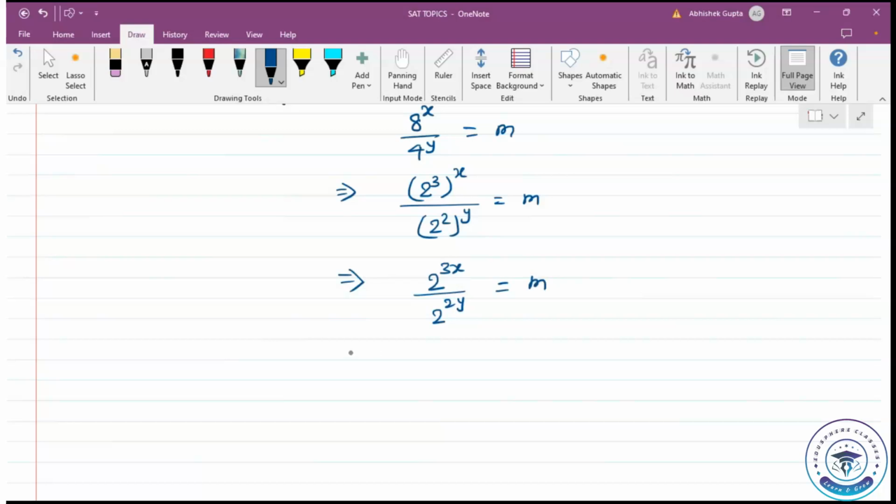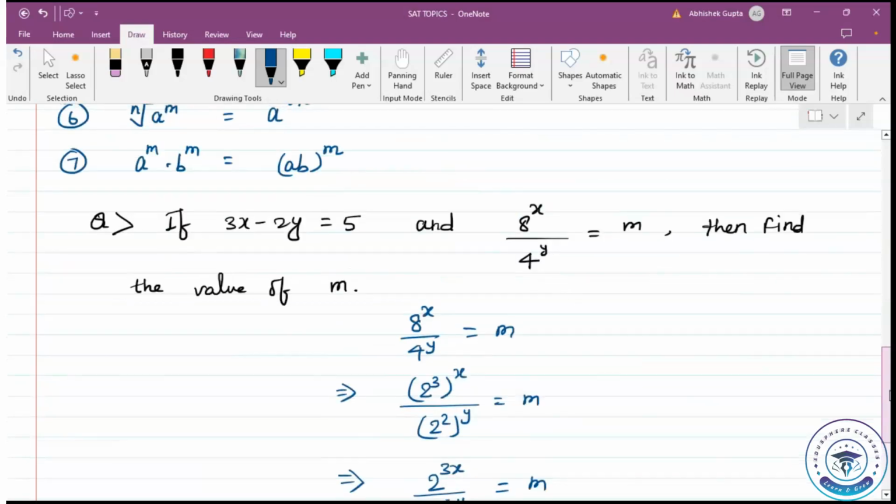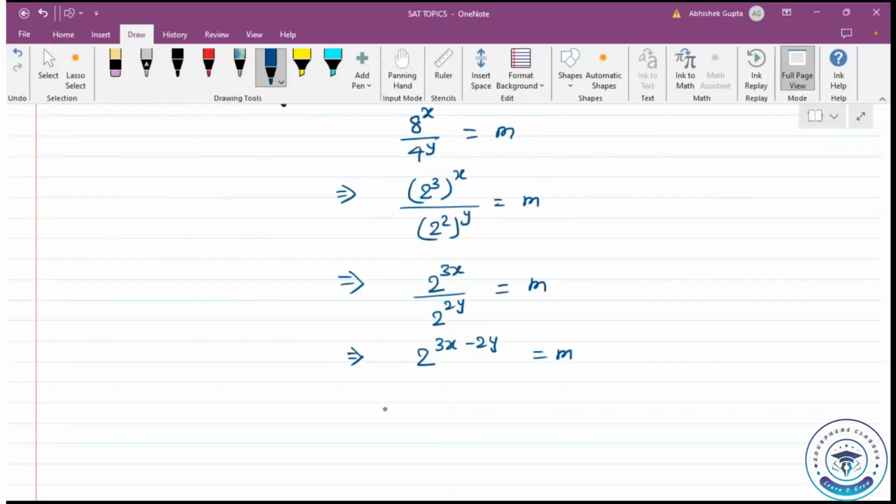This implies that 2 to the exponent 3x minus 2y is equal to m. In the question it is given that 3x minus 2y is equal to 5. That means 2 to the exponent 5 is equal to m. So m is equal to 2 to the power 5, which is 32.